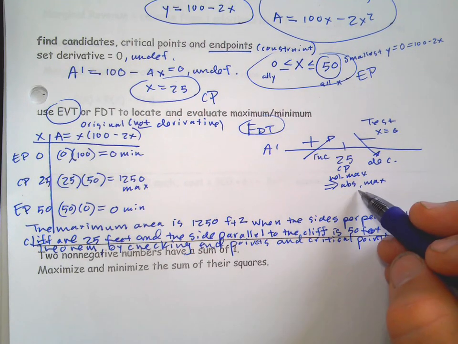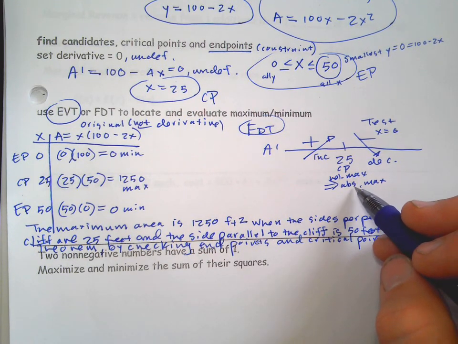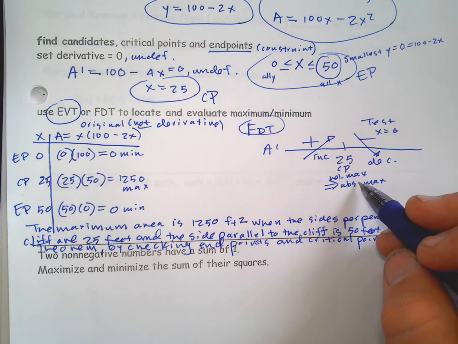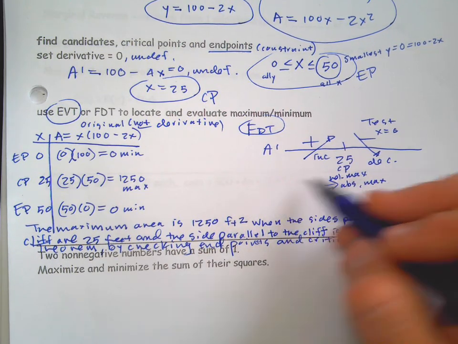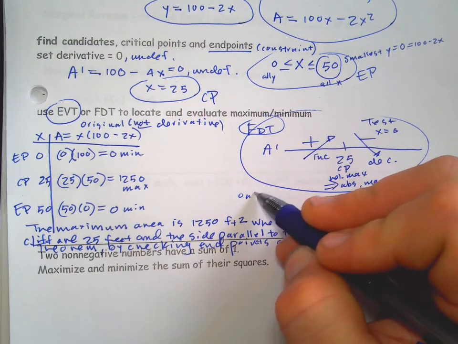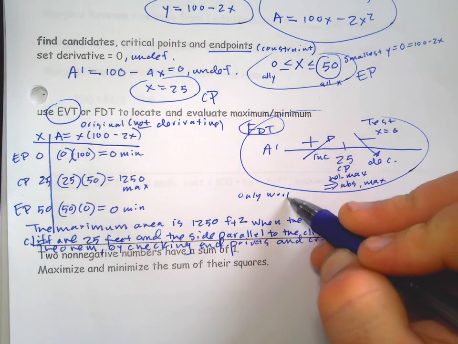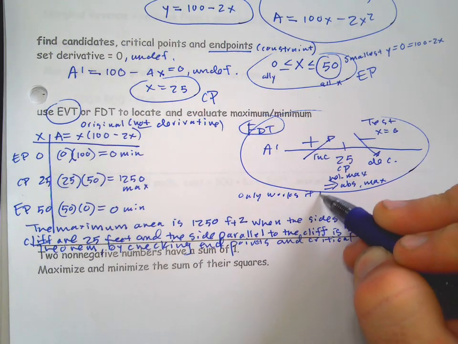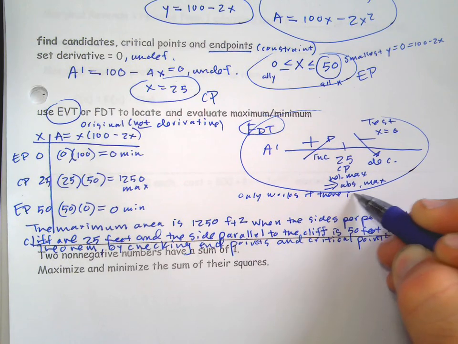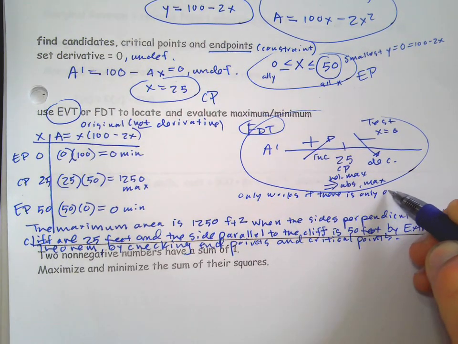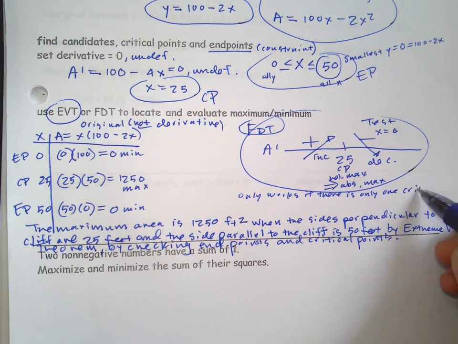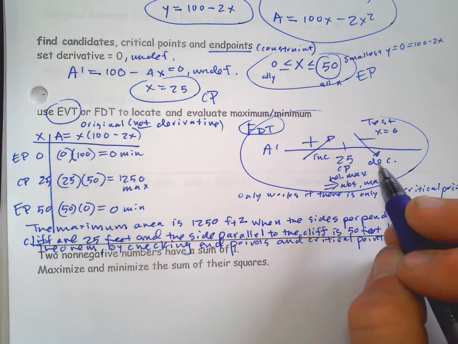Now, to justify this, it is annoying, okay? So this only works if there is only one critical point, or one critical point where you're looking.